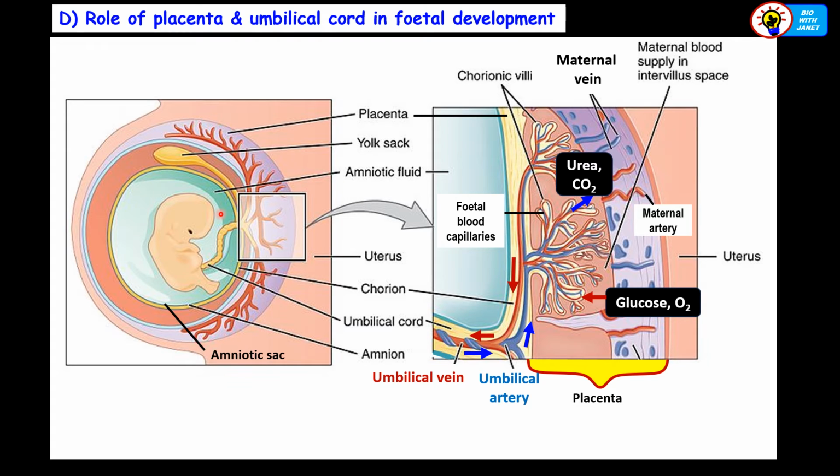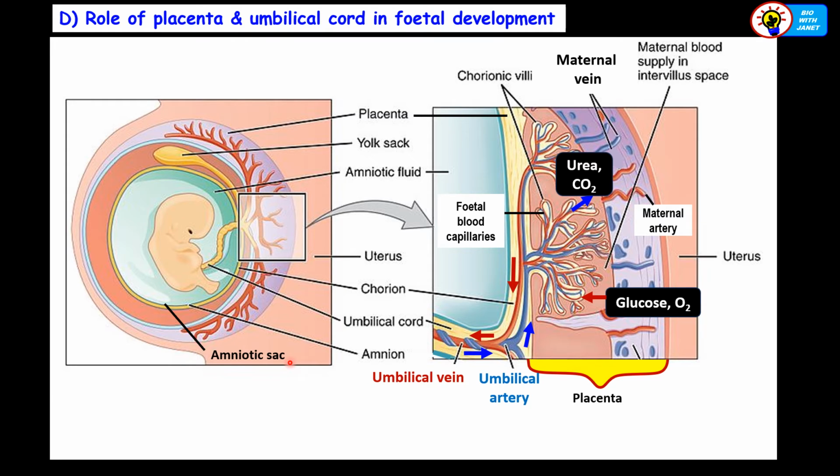This amniotic fluid also protects the fetus from temperature changes by maintaining a normal temperature, because the water inside the fluid can absorb a lot of heat without much change in temperature. Apart from that, the fluid allows the fetus to move freely for muscle and bone development. So this fluid is inside the amniotic sac.